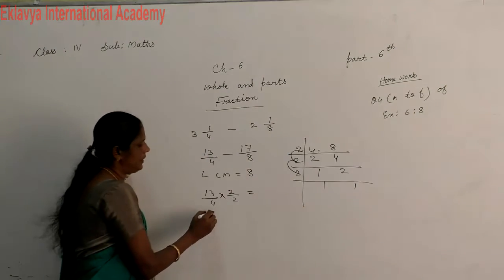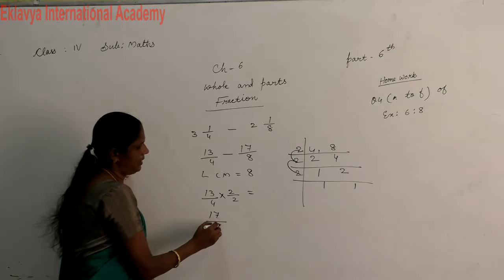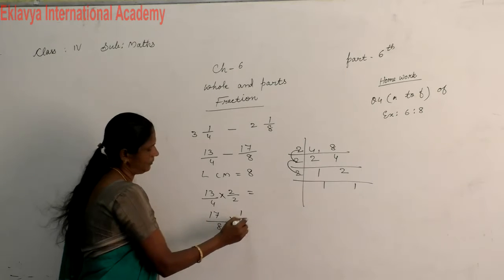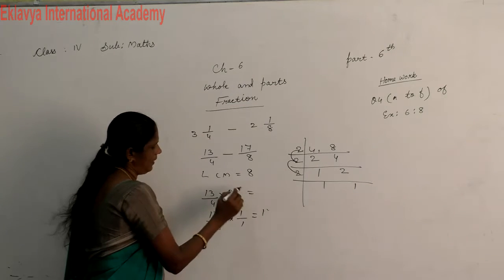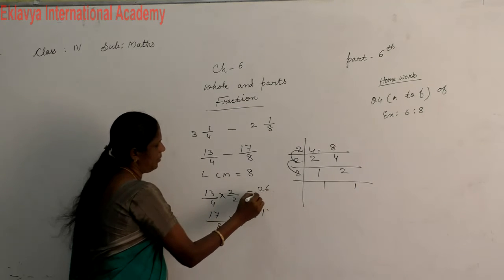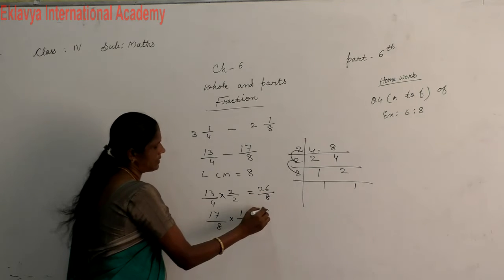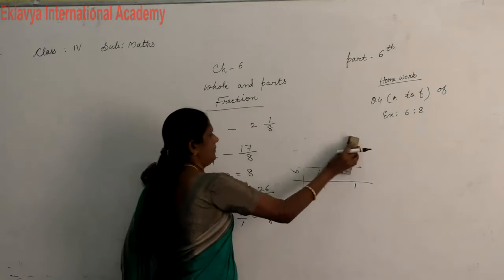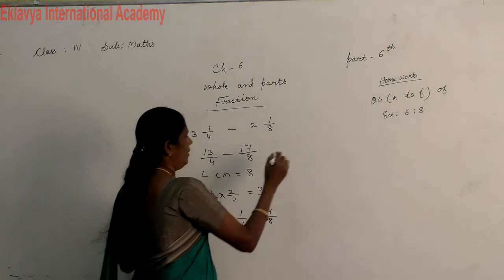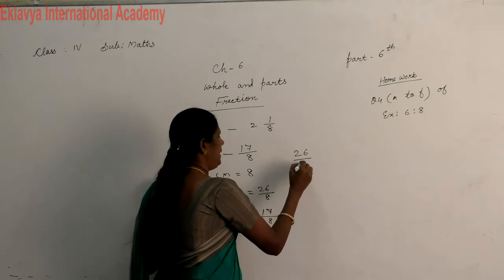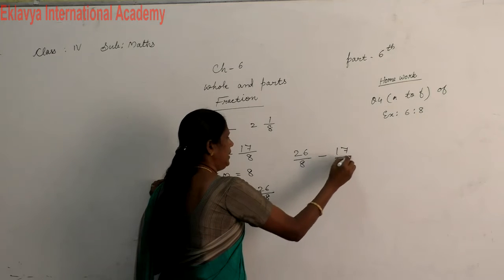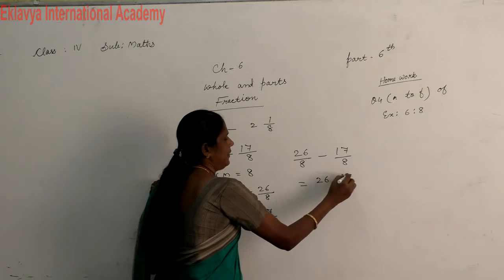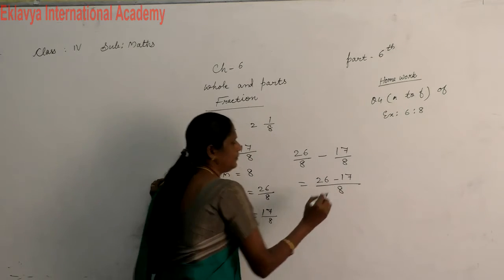Then 17 upon 8 multiply 8 divided by 8, 1, is equal to 26 upon 8, here 17 upon 8. Now minus this. 26 by 8 minus 17 by 8. Then 26 minus 17 by 8.